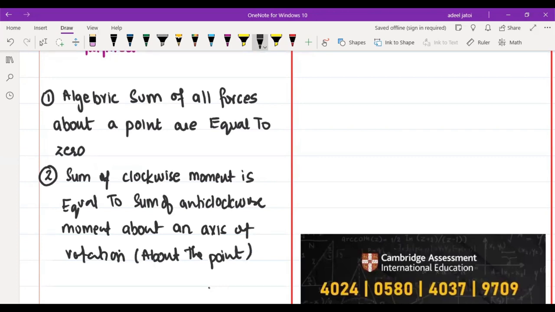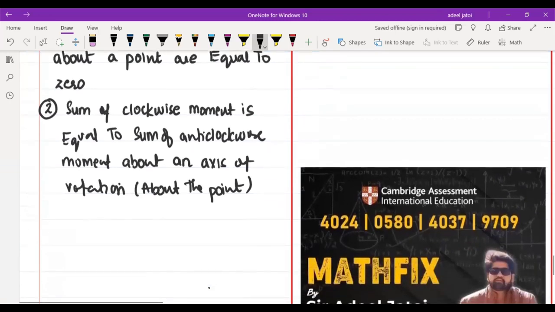So whenever we have equilibrium, we'll always say that the summation of horizontal forces should be equal to 0, or the summation of vertical forces to be equal to 0.